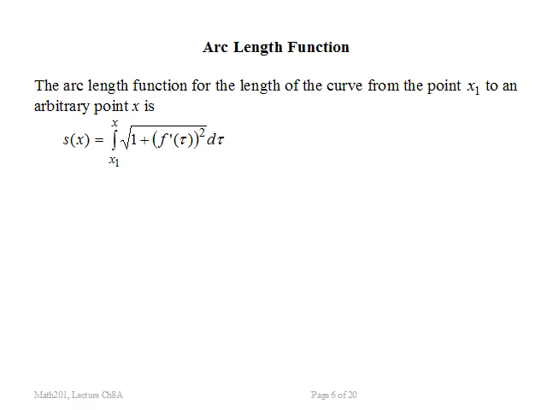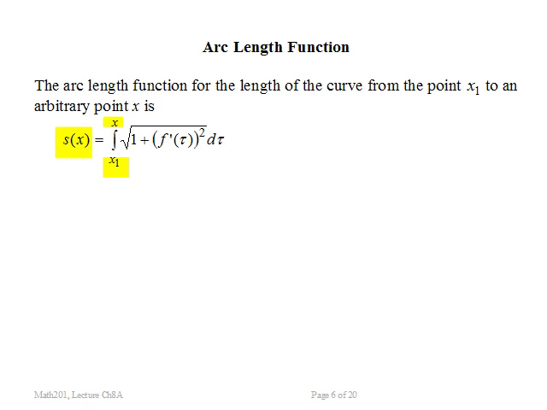There are two more quantities associated with arc length. One is the arc length function, the other is the arc length differential. The arc length function is a more general expression. Instead of calculating the length between endpoints x1 and x2, this is a function giving the length from x1 to an arbitrary point x, and it's written as s of x.